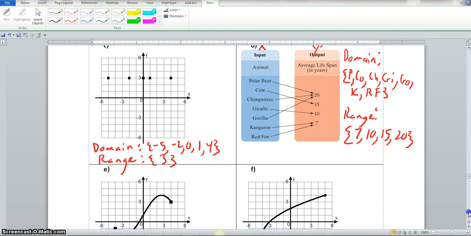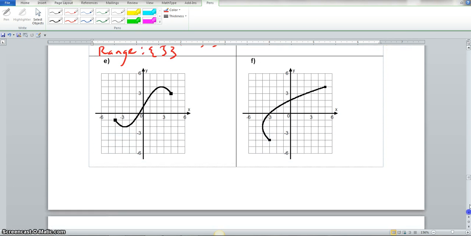Okay, now we scroll down here to E and F. Now we're still going to do a domain and also a range. Now, this is what we need to do. We need to go from left to right. Now, if you notice here, we start at -4 and we end at +4.